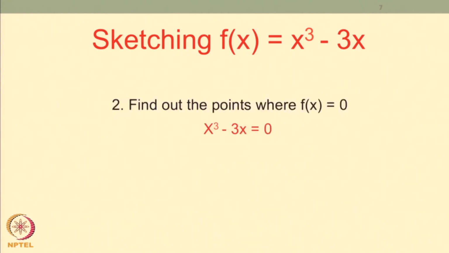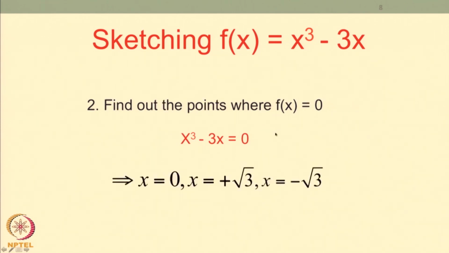Now, we want to find out the points where the function will be 0. So, note the function is slightly different here, it is x cubed minus 3x. So, we want to find out the values of x at which x cubed minus 3x is 0. When x is 0, x cubed minus 3x is 0. When x is plus root 3, this function will be 0. When x is minus root 3, the function will be 0.